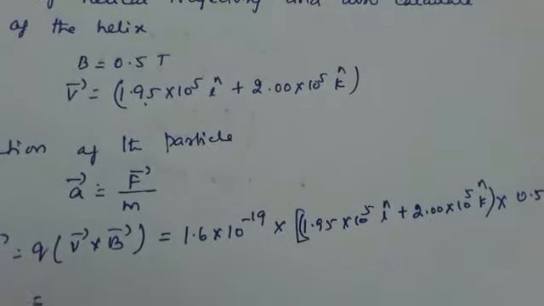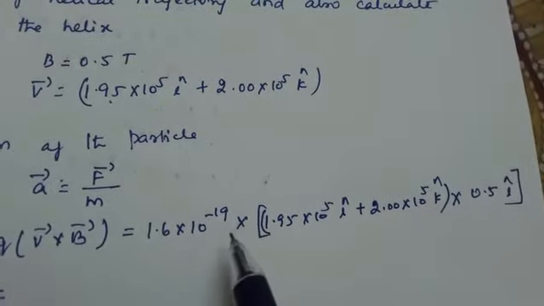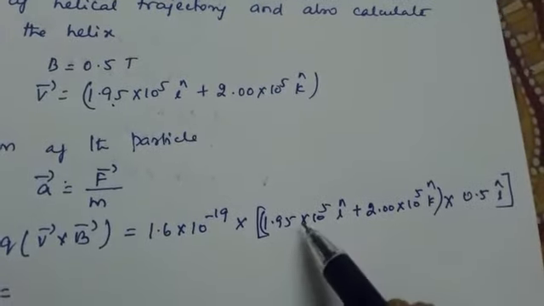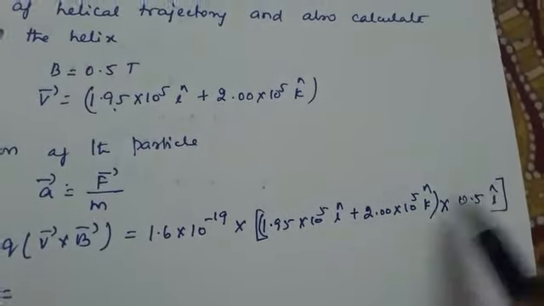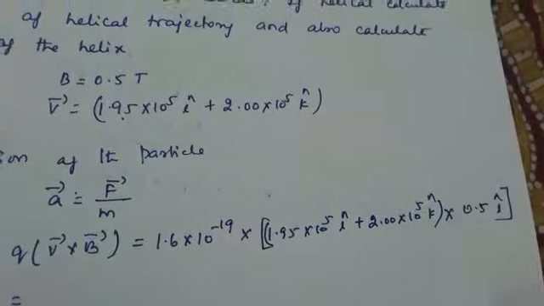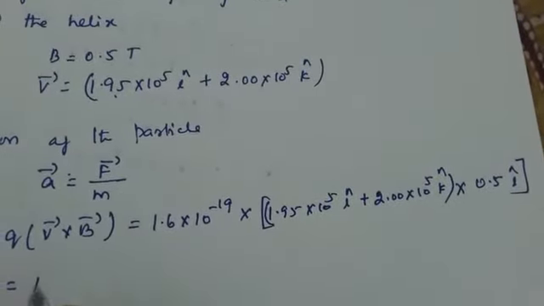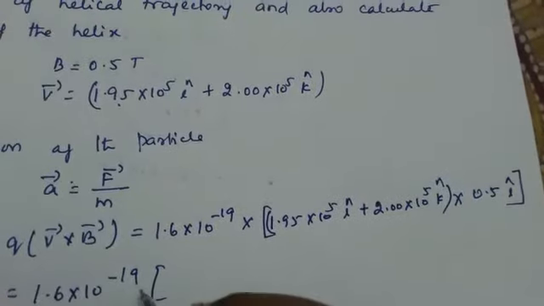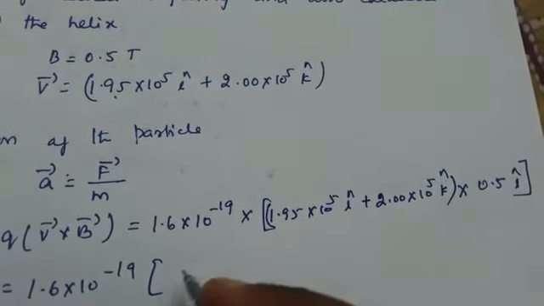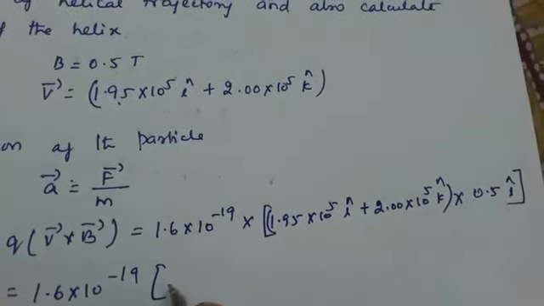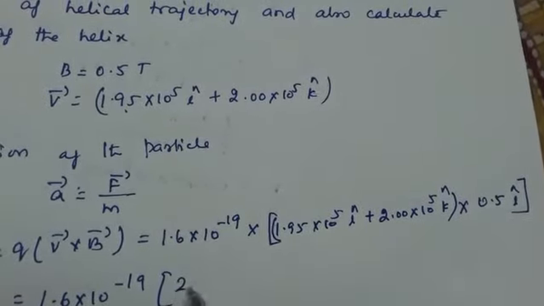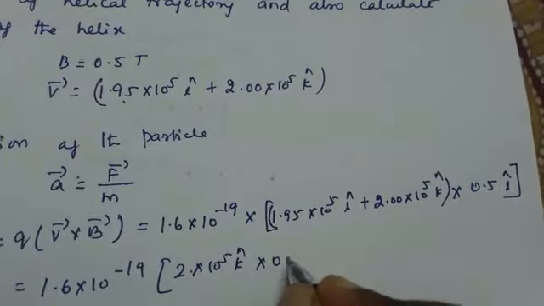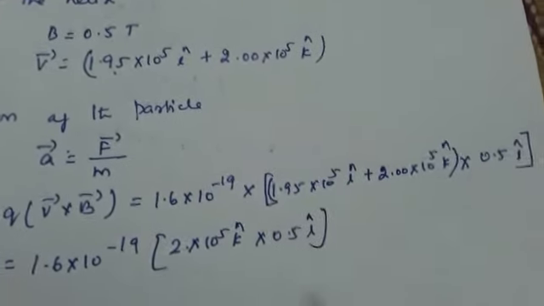Now we can find out this value. Inside the bracket, this is i vector and this is i vector. i cross i vector is 0. So it is 1.6 × 10^-19 into 2 × 10^5 k vector cross 0.5 i vector.